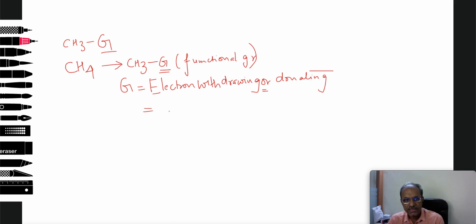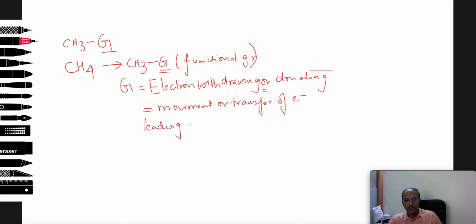Thus, what happens? There is a movement or transfer of electrons, and due to this, it leads to a different chemical reaction.